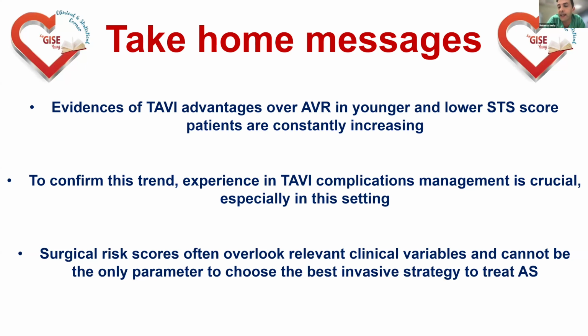So if we want to move, and that's a personal belief because we still need data, but data are coming, if you want to move to this type of population, like they are doing in the US, we should use cerebral protection in everybody. We don't need anatomical high-risk features to use cerebral protection in this type of patient. So I think this is probably the most important thing.